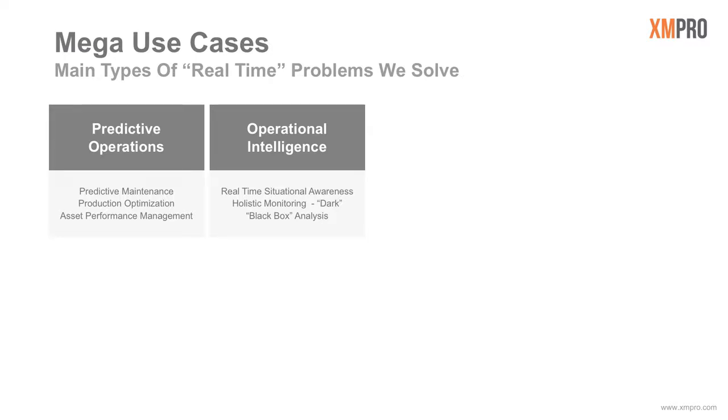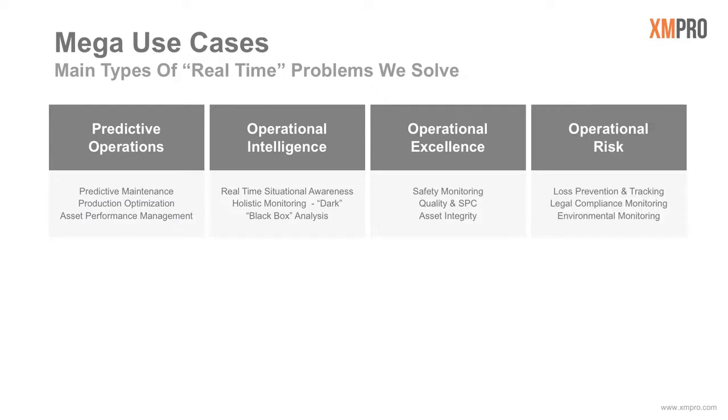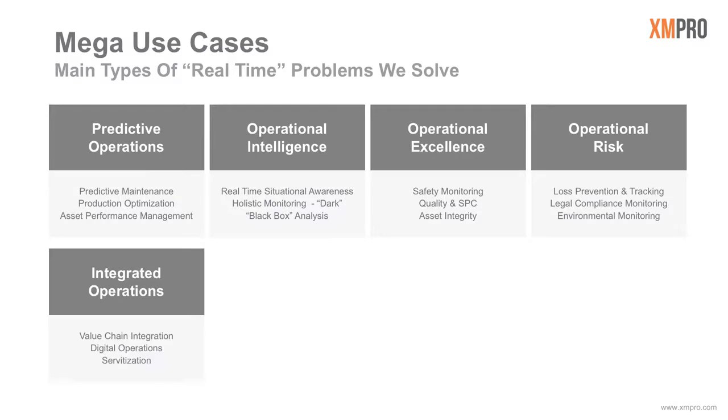How do I have real-time situational awareness? In terms of operational excellence, again safety, quality, asset integrity are key big buckets of problems that many customers are looking to address. Likewise with operational risk: how can we look at loss prevention and tracking? How do we know where risk events are and how we can potentially mitigate them?